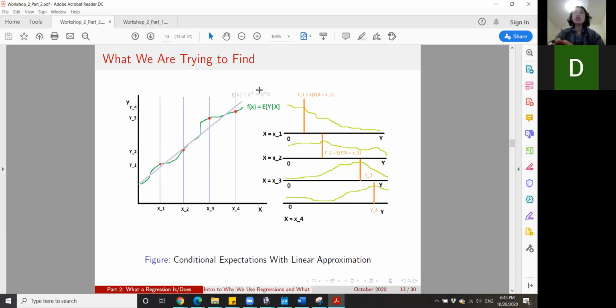So you're trying to find the closest linear approximation to this function. I would like to note that when we say linear, it needs to be linear in terms of these random variables. But as you may recall from one of the earlier slides, you can have your random variable x be a vector, and you can have functions within that. It has to be linear in coefficients.